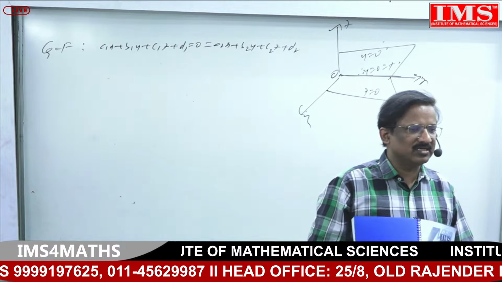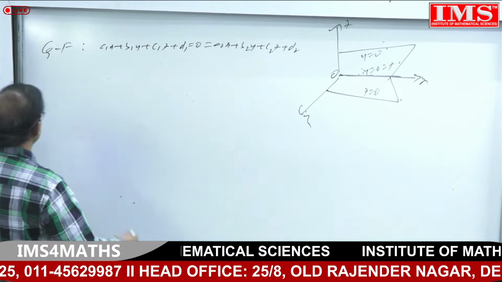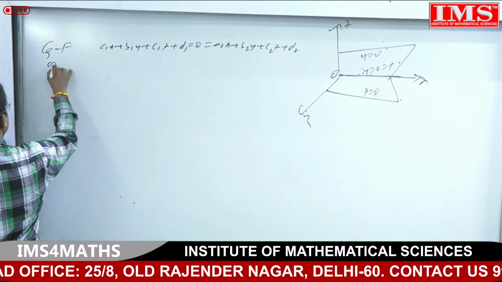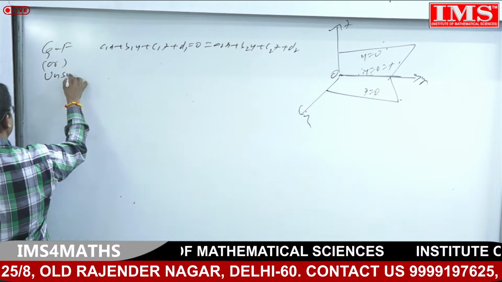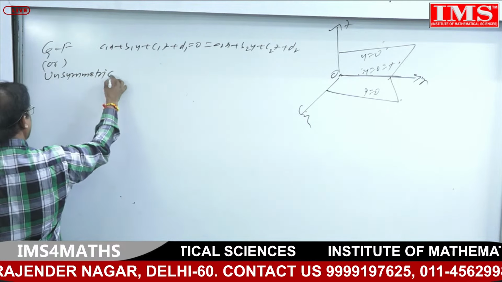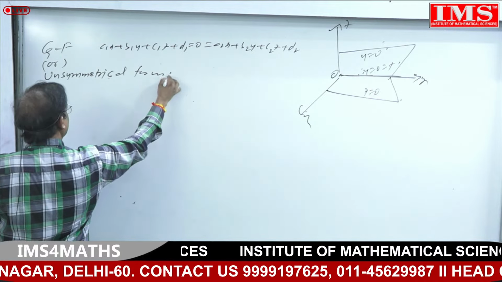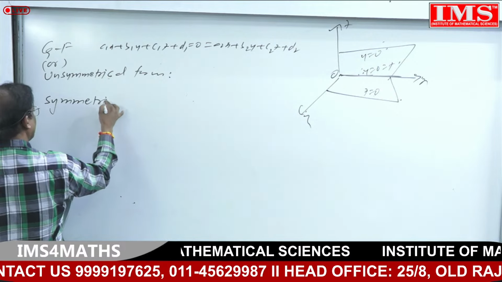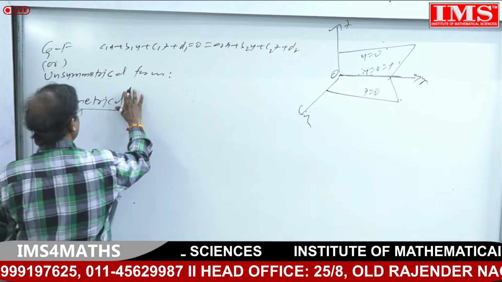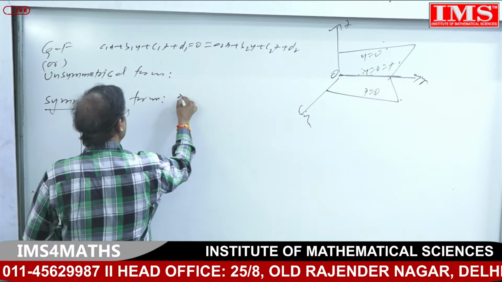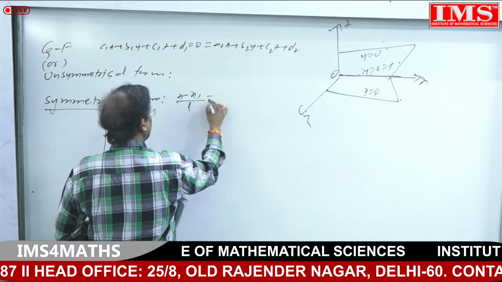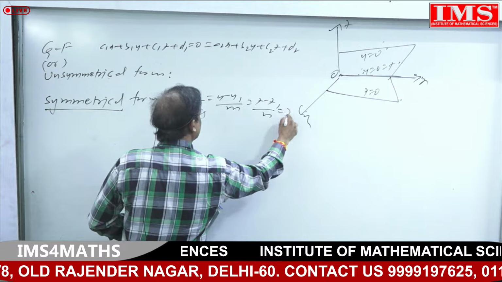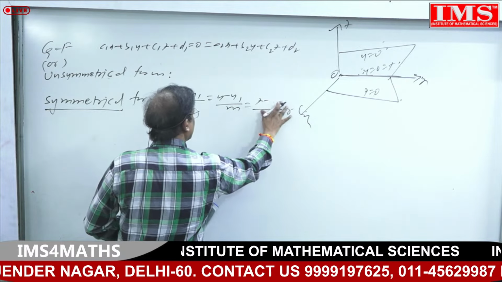Another one is the symmetrical form: (x minus x1) by l equals (y minus y1) by m equals (z minus z1) by n, which is equal to r, isn't it?